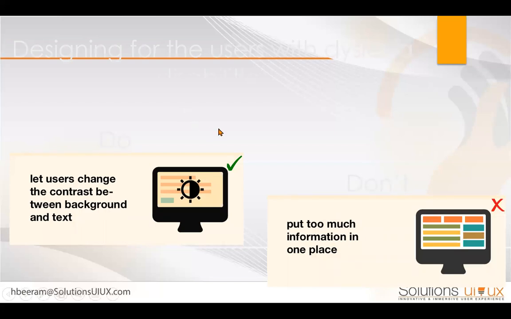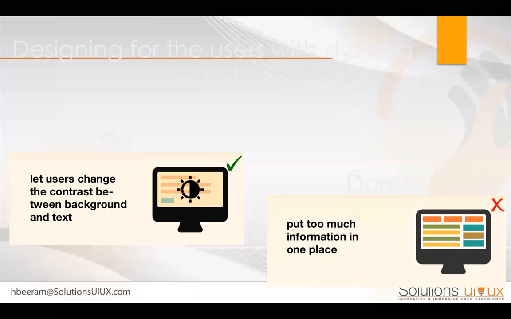Then the other one in dyslexia is letting the users change contrast between background and text, right? This is where AudioEye or an accessibility tool like that comes into the picture, where they can change the contrast on the background. When you do this, you are able to meet two needs.